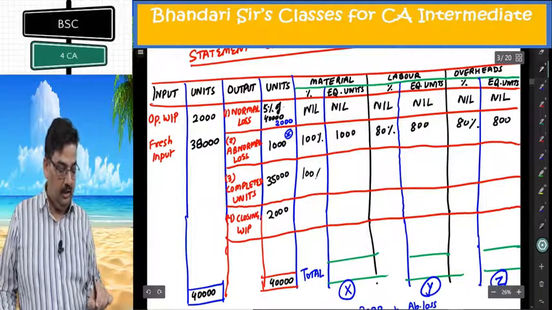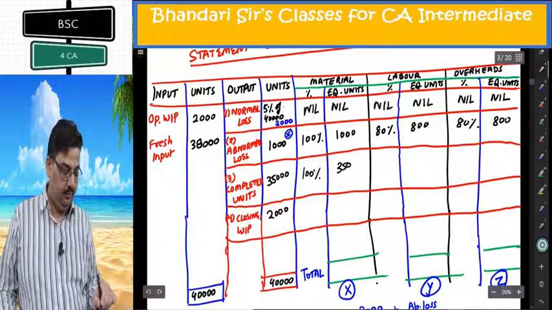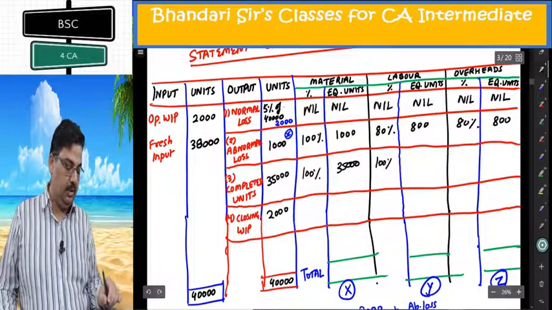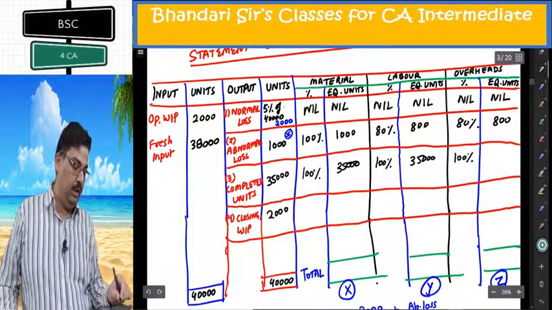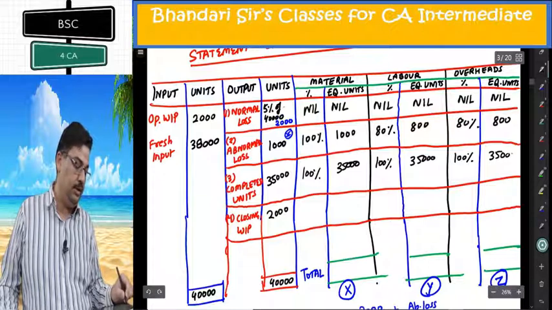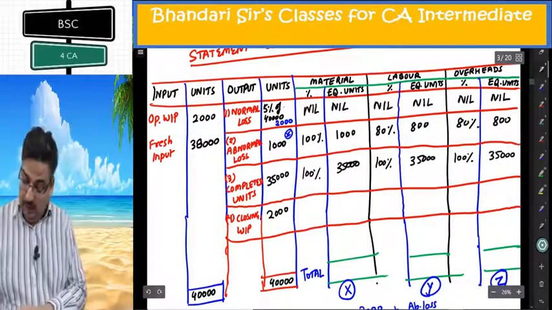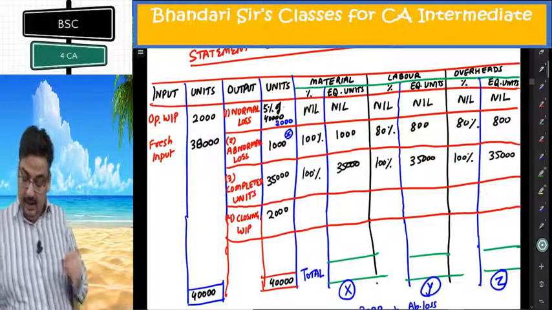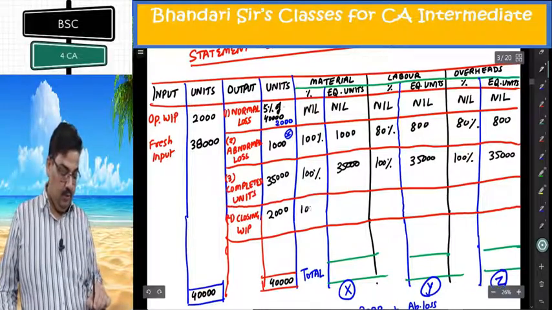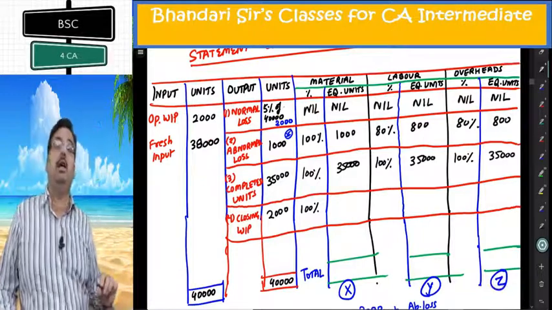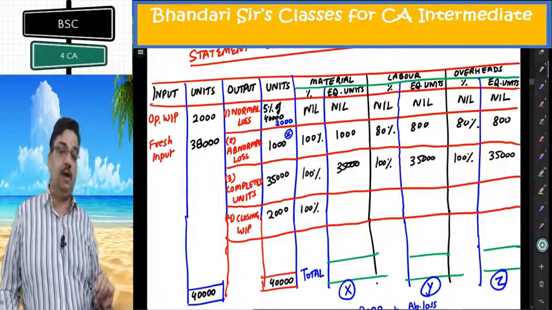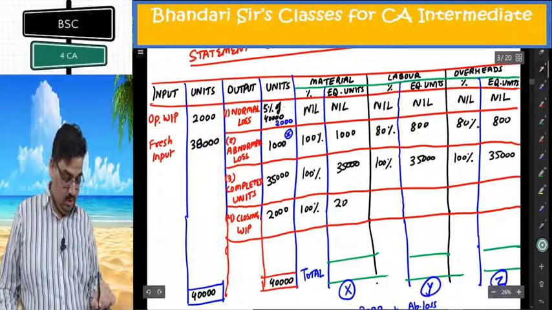Completed units, nothing in question will matter. It has to be 100% complete because it is weighted average method. Under FIFO, something else you will follow in the next session to come. Closing WIP given 100, 80, 80 again. It is a coincidence that abnormal loss and closing WIP have same degree of completion. It can be different in all the questions.